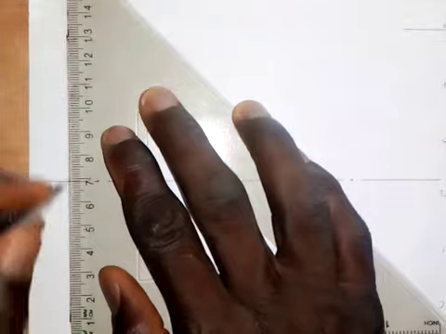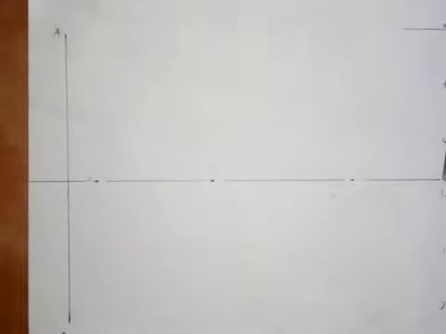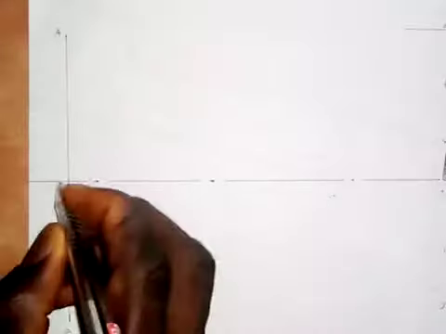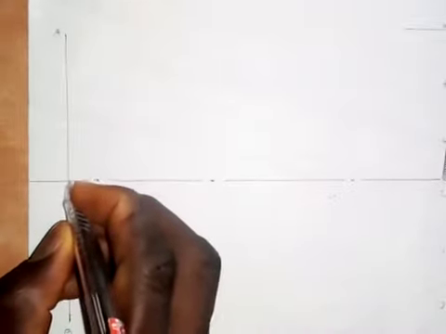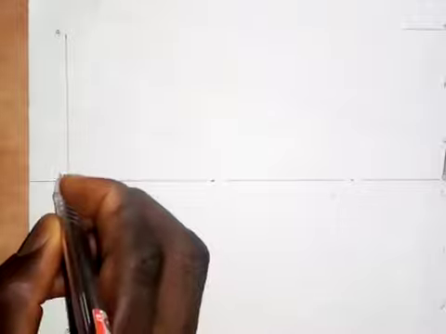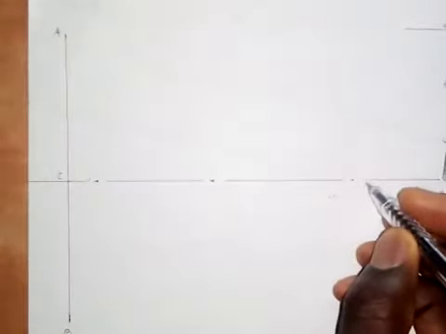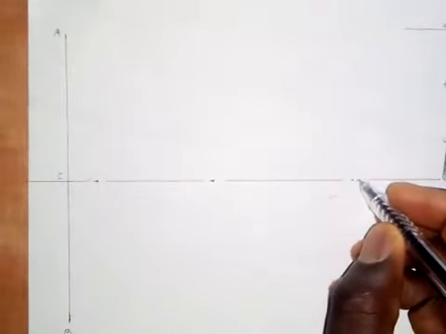I'm okay with this distance. I will call this point A, I will call this point B, and I will call the point where they intersect point C, and then maybe I should just put D somewhere here.